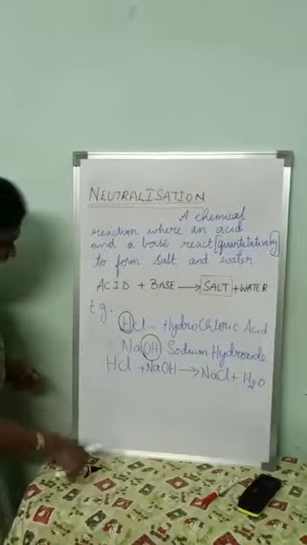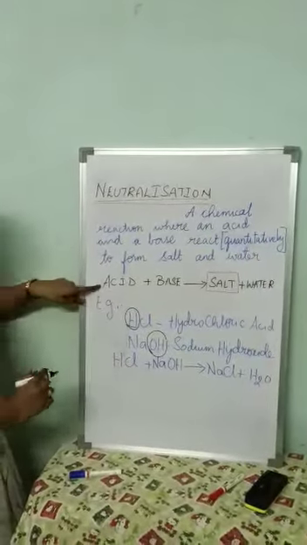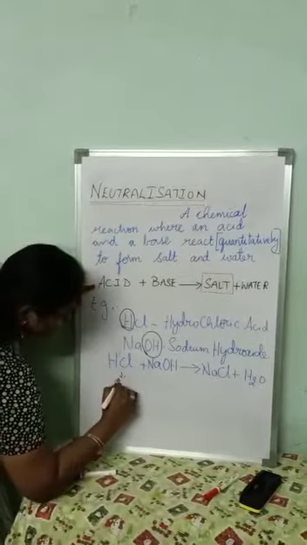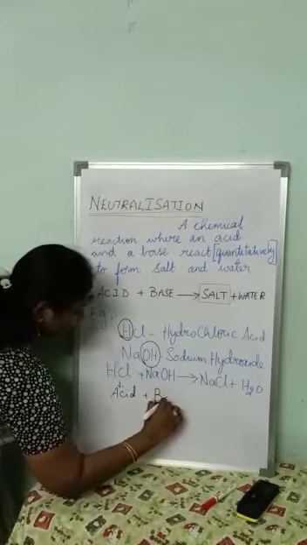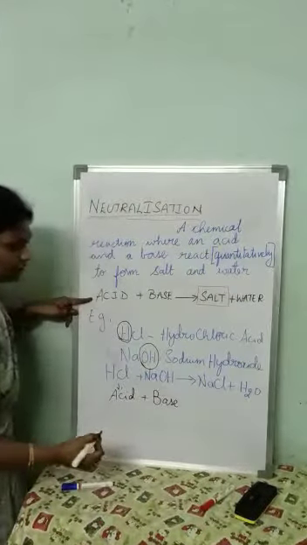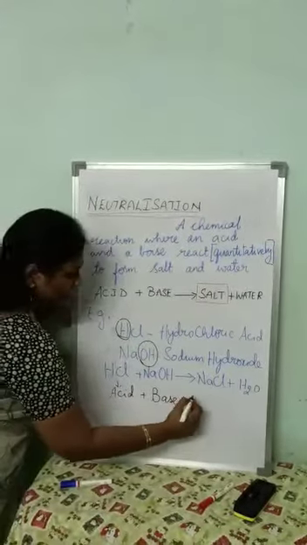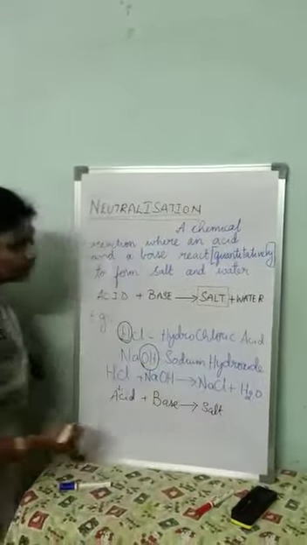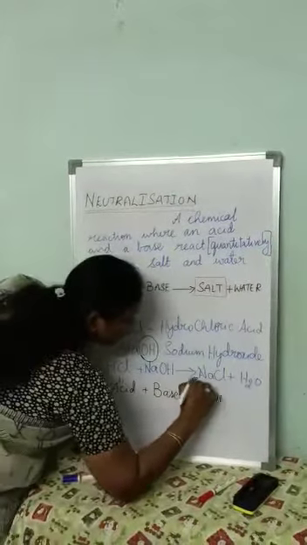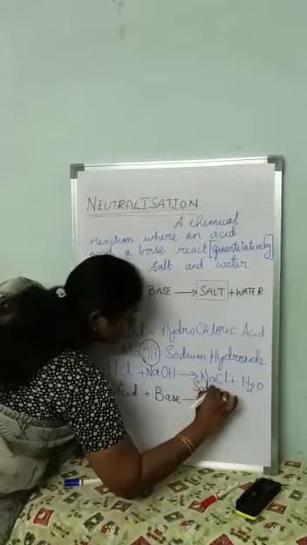So, what have we discussed over here, children? HCl, which is an acid, when it is combined with a base, that is sodium hydroxide, is going to give salt. What is the salt which is produced here, children?